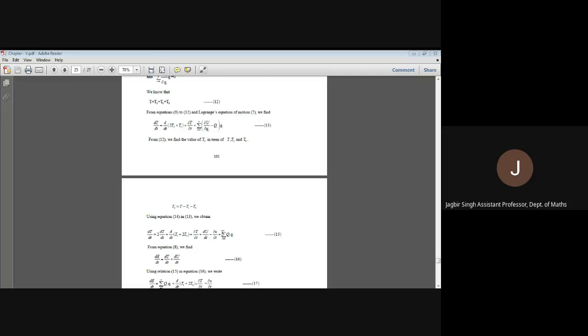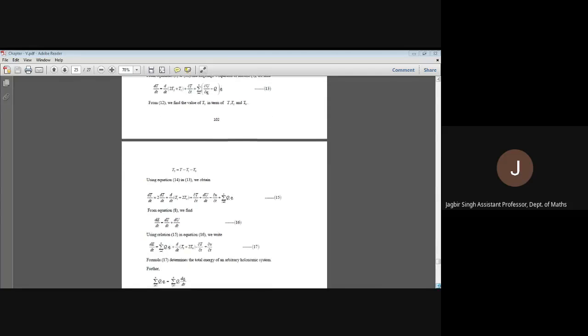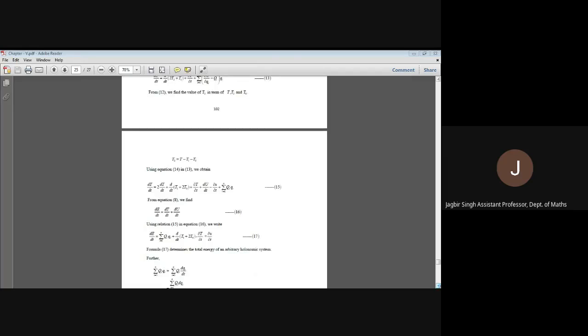And minus the summation i from 1 to n of Qi dot. Sorry, it's plus. Now from equation number 8, when we stated that E is equal to T plus U, dE/dt will be equal to dT/dt plus dU/dt. Now in equation number 15, we have dU/dt. On the right hand side it is 2 dT/dt, and one dT/dt is on the left hand side.